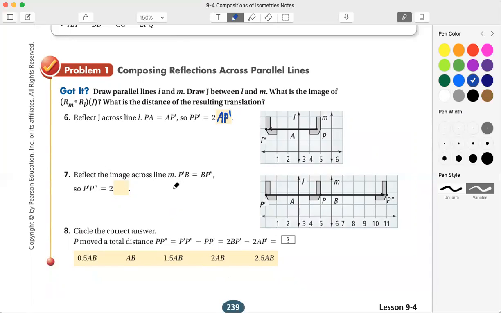If we reflect the image across line M, then P prime B equals B, P double prime. So P prime, P double prime equals 2 times B, P prime. So P moved a total distance of 2 times AB.